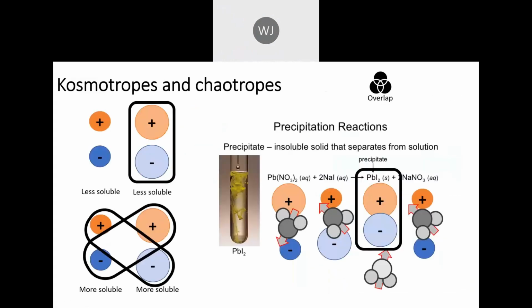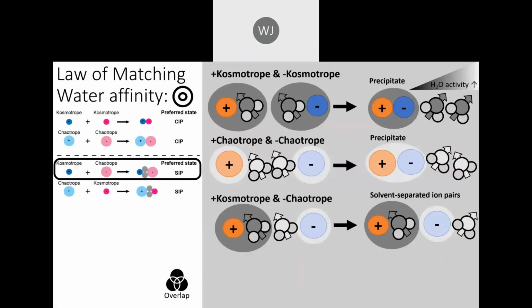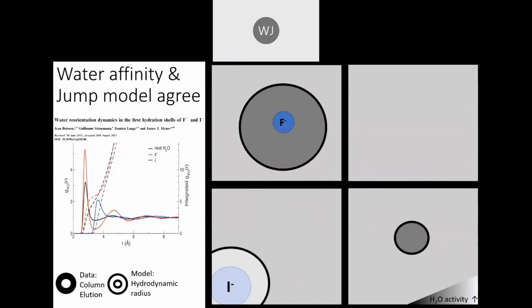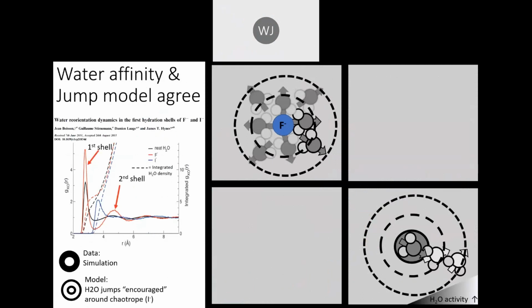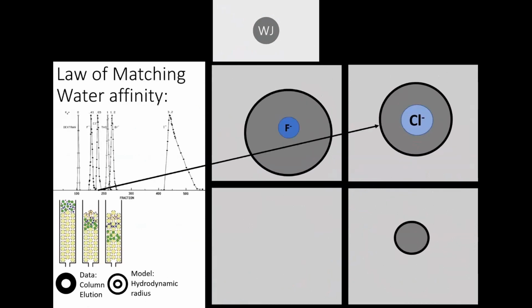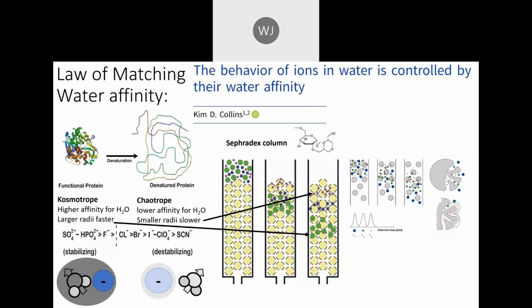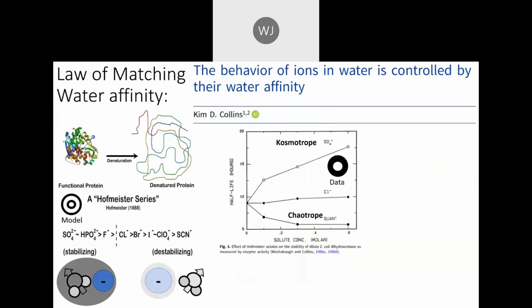I want to make sure I know what you're talking about, so stop me when I get it. Go ahead. You show the water behaving with different activity when it touches something. I'm wondering, is that movement of water real, or did you just put the dashed line there and say, okay, this is less activity, those are high activity?